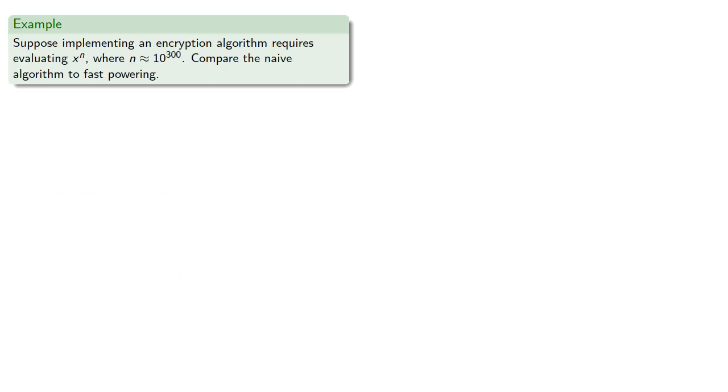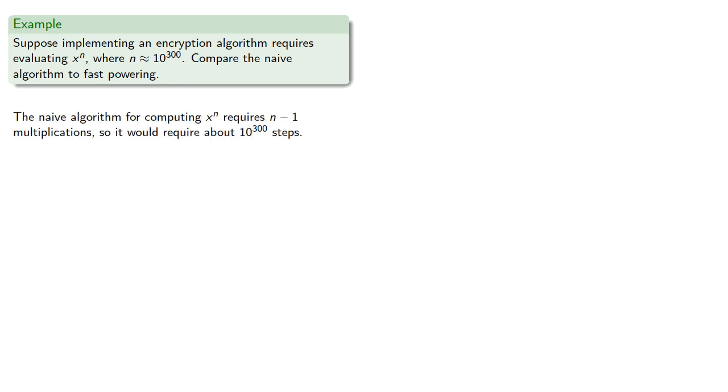Now, suppose we want to implement an encryption algorithm where these very high powers come into play. So we might need to evaluate x to the n, where n itself, that's the exponent, is on the order of 10 to the power 300. Let's compare the naive algorithm to fast powering. The naive algorithm for computing x to the n requires n minus 1 multiplications, so it would require about 10 to the power 300 steps.